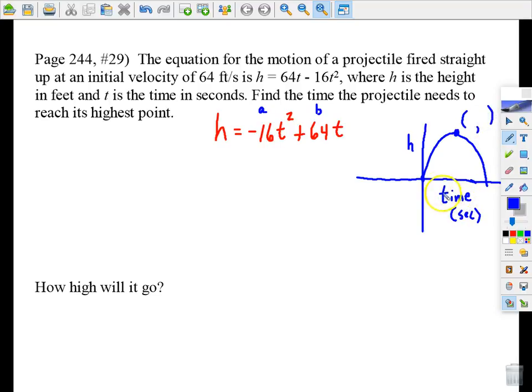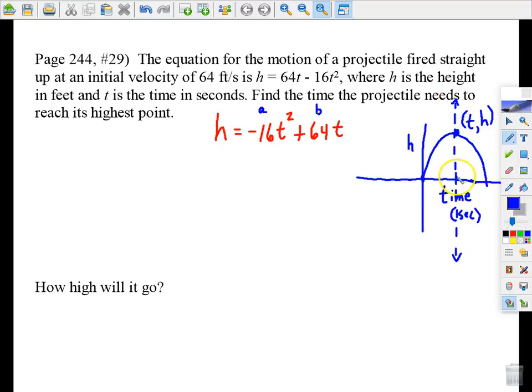The vertex in this particular case is represented by the variables t and h. Normally it's x and y, but in this case, as time goes by, we're able to tell the height. So instead of x and y, we have t and h. Remember that the AOS is a line that goes right through the vertex.